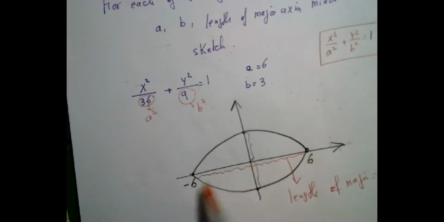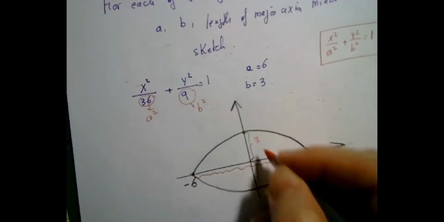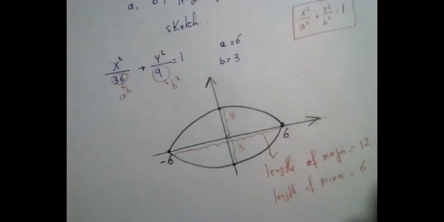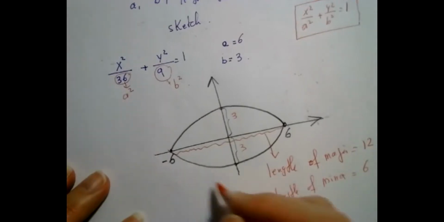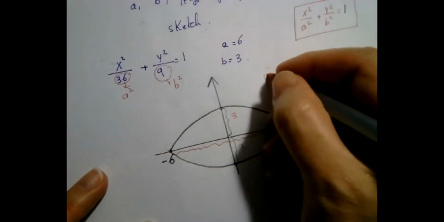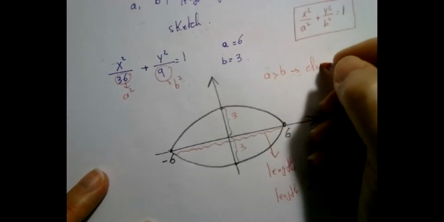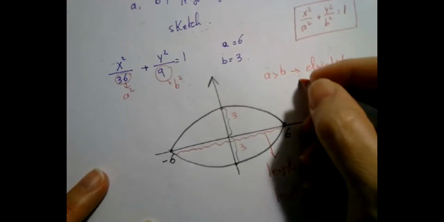I have 6 from here and 6 from here, and the length of the minor, that's the 3, and that's the 3, is equal to 6. And this is elongated horizontally whenever A is bigger than B. So here A is bigger than B, it means it's elongated horizontally.